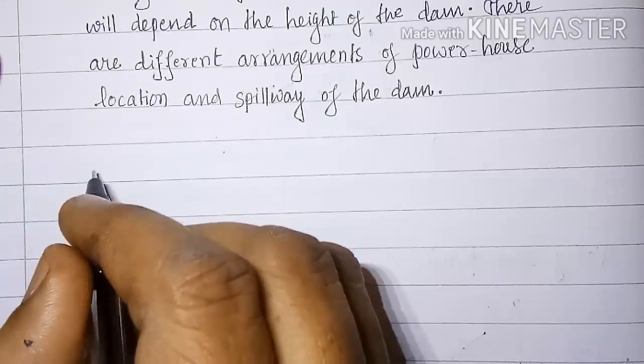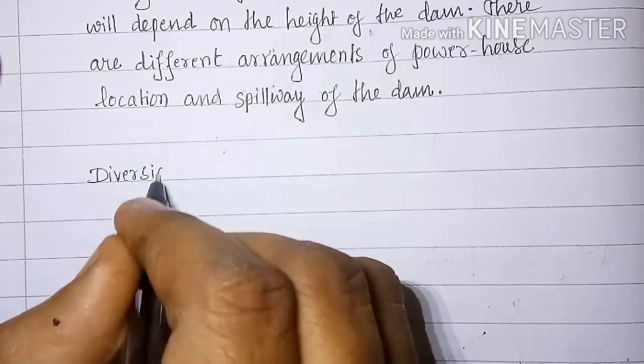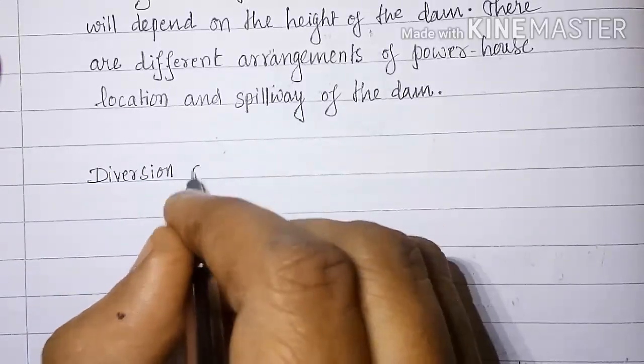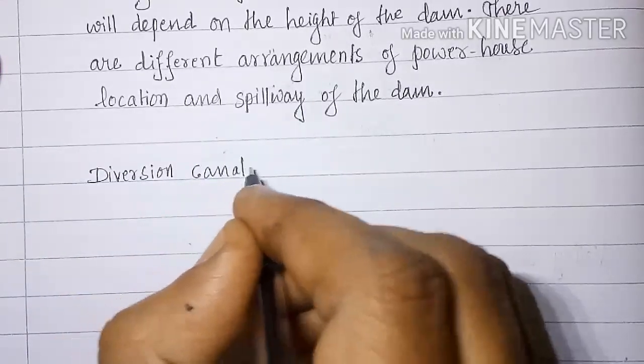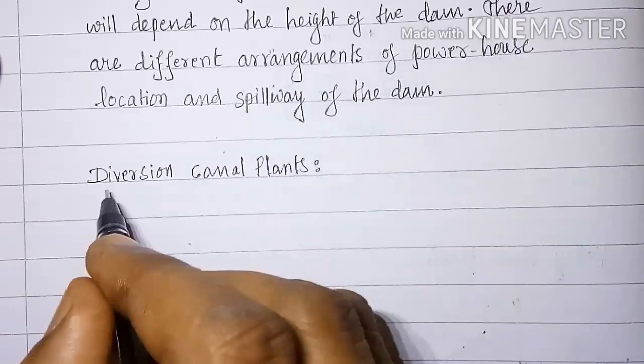Next type of power plants are diversion canal plants.